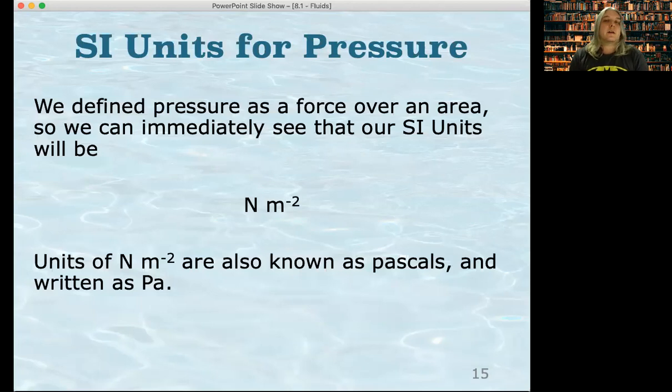And we write the symbol capital PA. So technically, Pascal as a unit has a lowercase p, but if you write the abbreviation Pa, we put an uppercase P on it. Obviously, the name Pascal has an uppercase, but this is just the convention. People aren't normally going to be too picky, but it's just worth noting that those are the correct ways to write them.